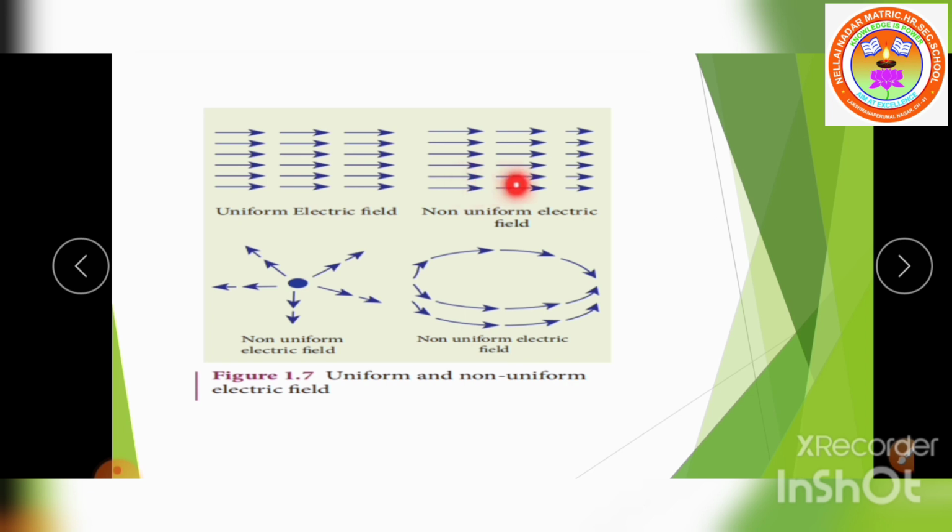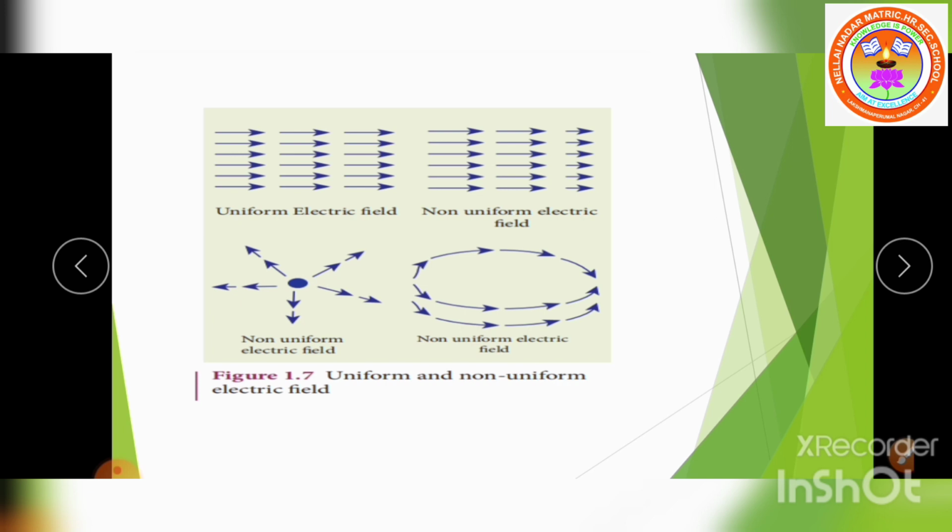The non-uniform electric field will have different direction, different magnitude, or both, at different points in space. The electric field created by a point charge is basically a non-uniform electric field.